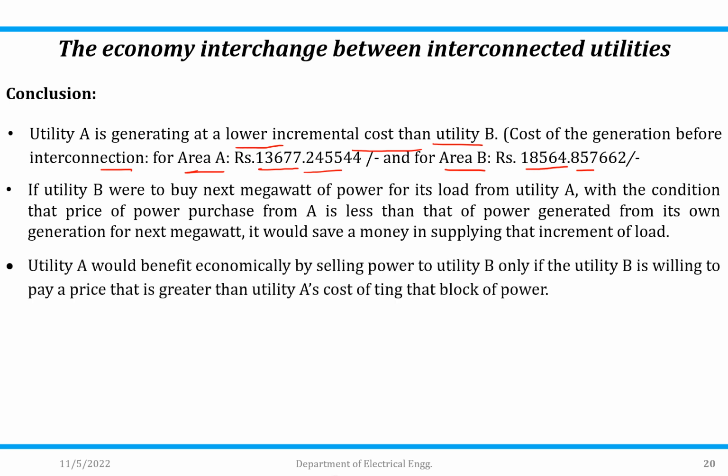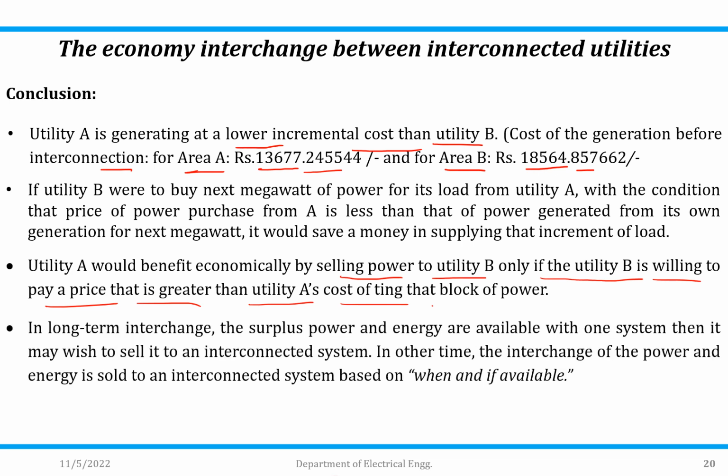Utility A would benefit economically by selling power to utility B only if utility B is willing to pay a price that is greater than utility A's cost of generation. In long-term interchange, the surplus power and energy available with one system, it may wish to sell to an interconnected system.